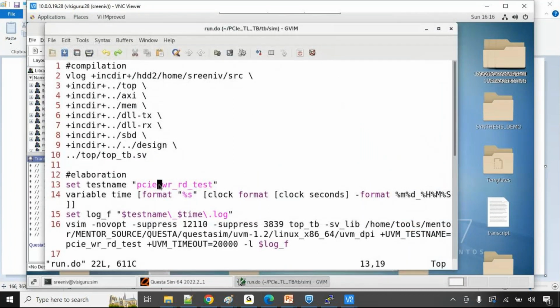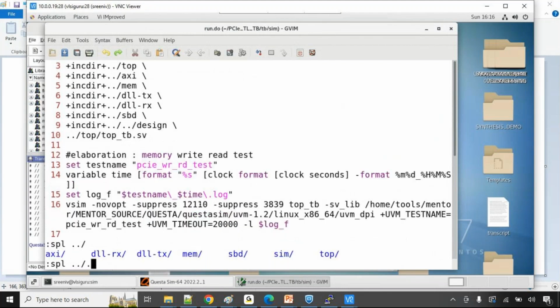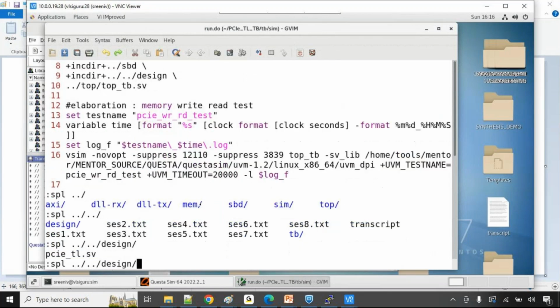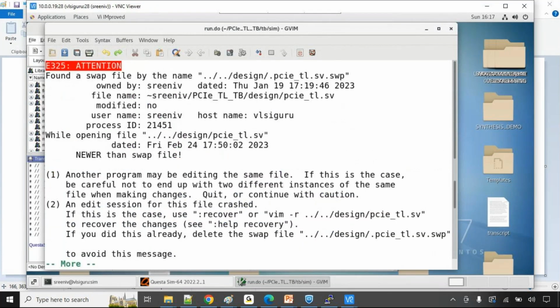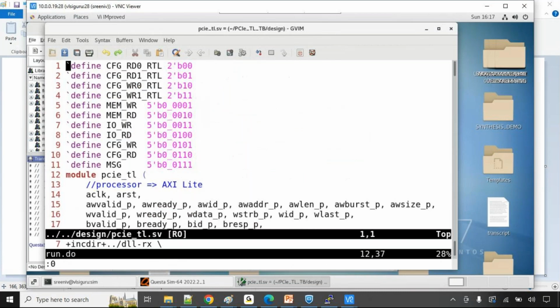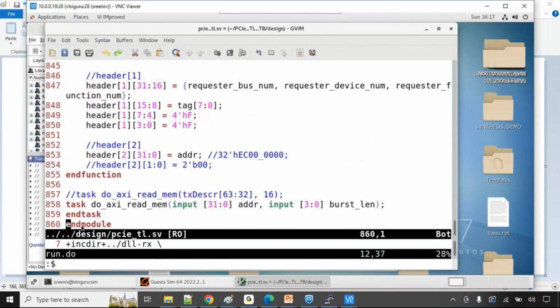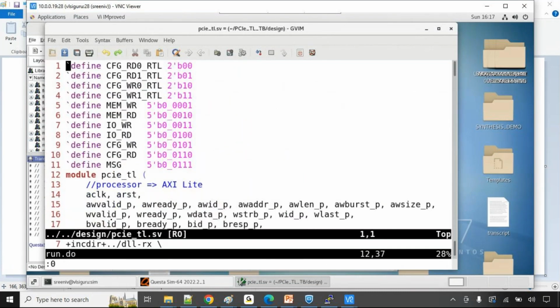Basically, this is a memory write and read test. This is the test case which we have targeted for the transaction layer. So we have developed the PCI TL RTL code, close to 900 lines. As part of that, we have developed the transaction layer RTL code.